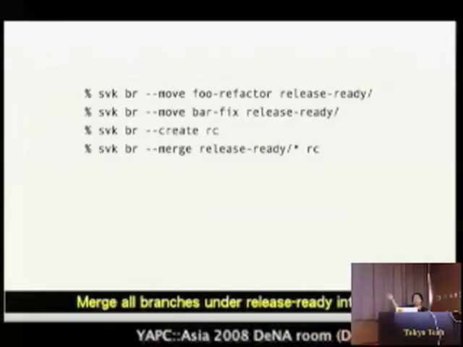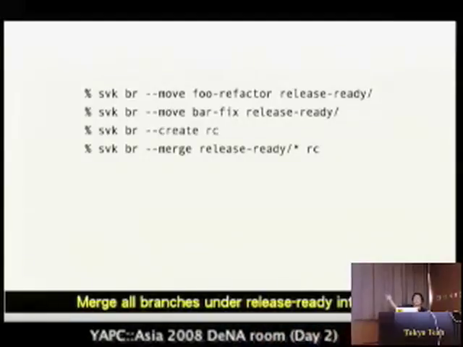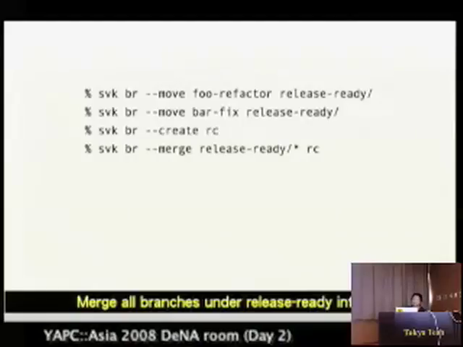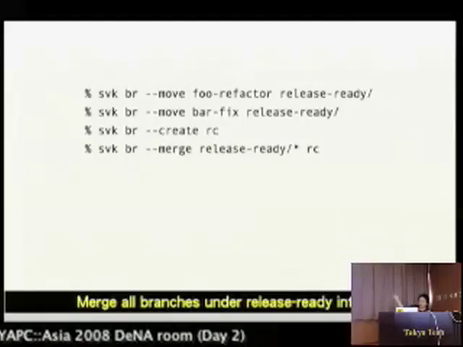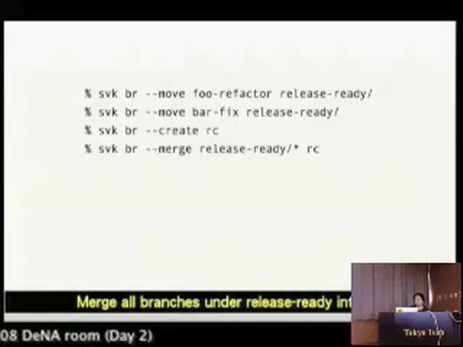You can create a subdirectory inside the branches directory called release ready. So what you do is br move the things into release ready, and multiple things. And then you can create another branch called RC, which is from the current trunk. And then you merge everything under release ready to RC.